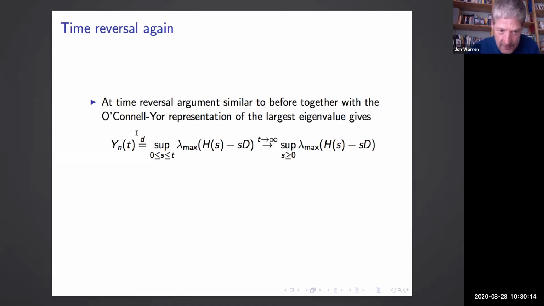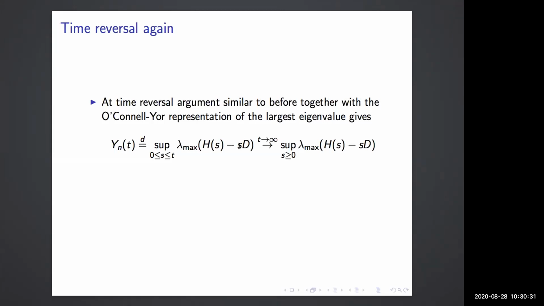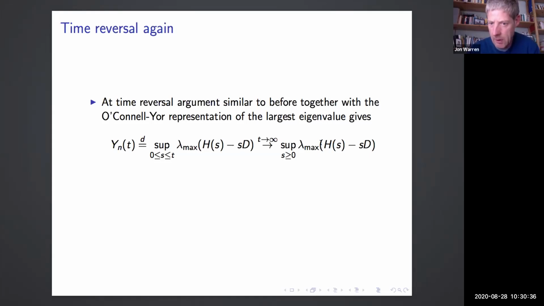So this first identity here is basically the same argument as we just did on the last slide, but for y1, and it all works the same way. Now, as t goes to infinity, this supremum increases to the all-time maximum of the largest eigenvalue. So that's the random variable we were interested in.